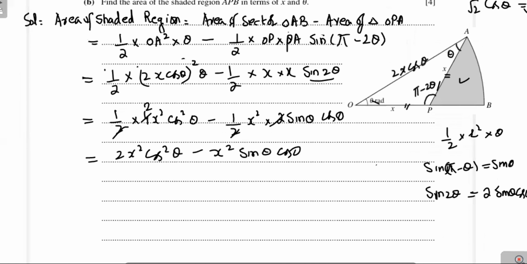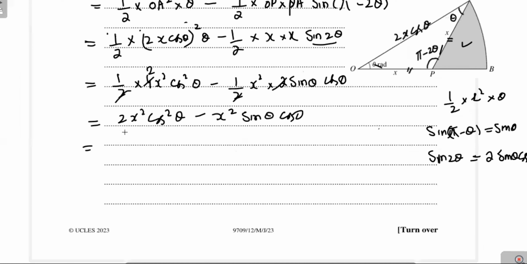Now we take the common factor. You see here x square and cos theta is taken as common, so we get x square cos theta into (2 cos theta minus sine theta), and this is the answer.